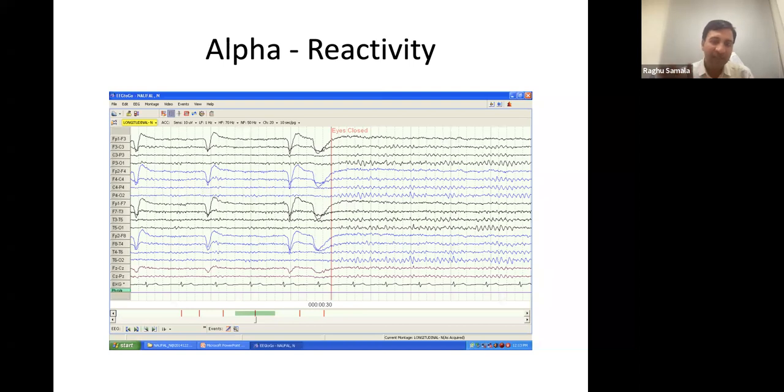If you are seeing non-reactive waveforms, you can say the patient is in a drowsy state, sleep state, or coma state or whatever; the lack of reactivity indicates that the brain is not active at that moment.